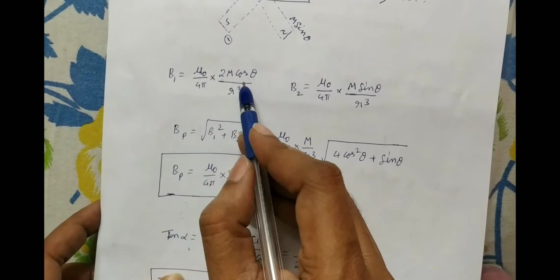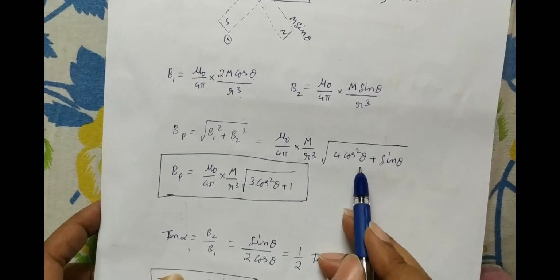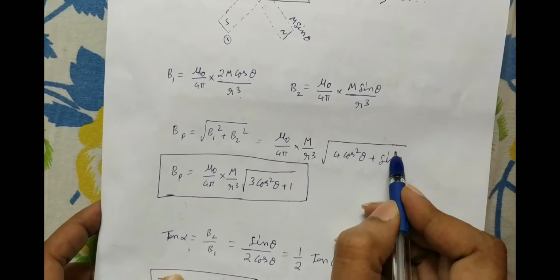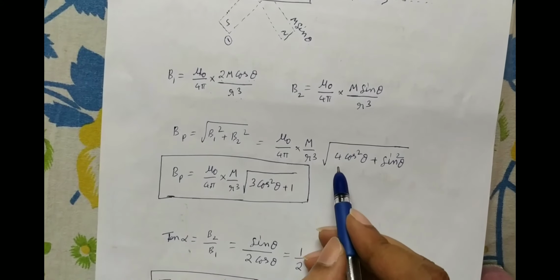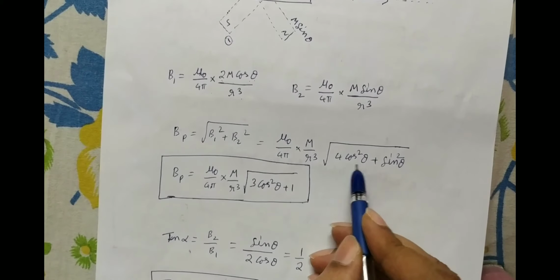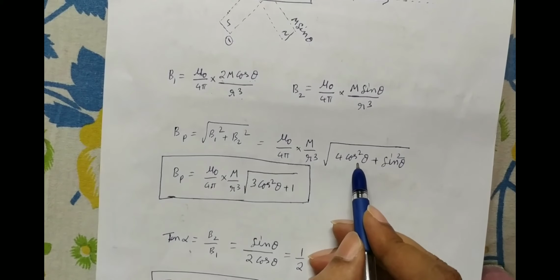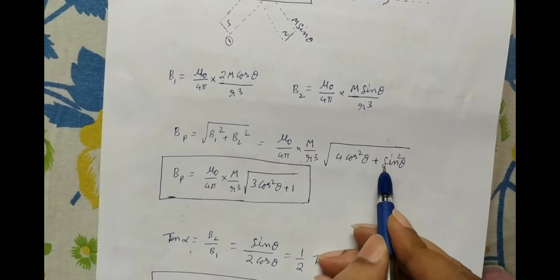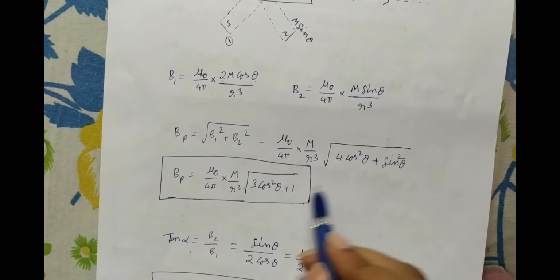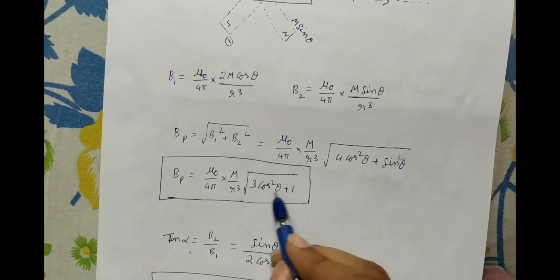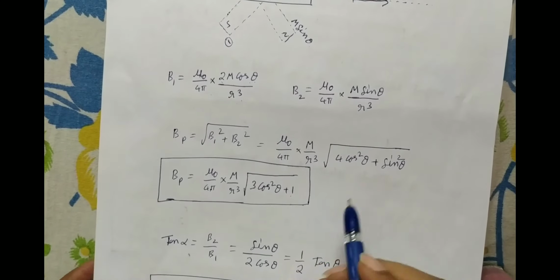Here 2 cos theta, here sin theta. 2 cos theta whole square plus sin square theta. And we can write 4 cos square theta as 3 cos square theta plus cos square theta plus sin square theta. 1 cos square theta plus sin square theta becomes 1. So 3 cos square theta plus 1 is there under root.